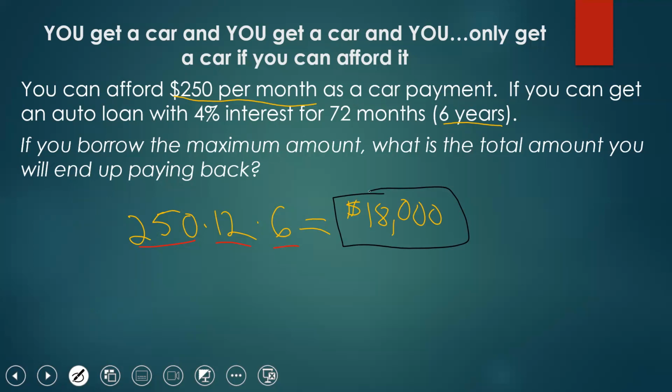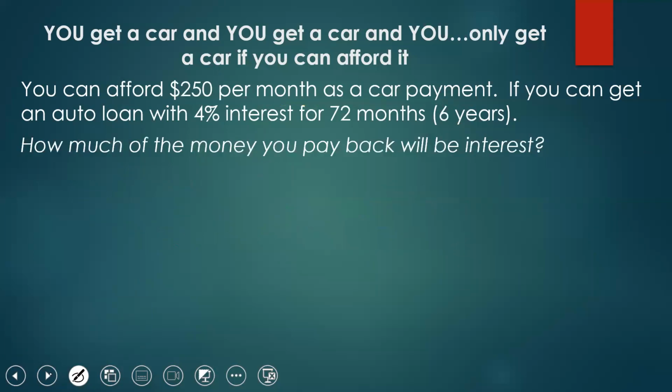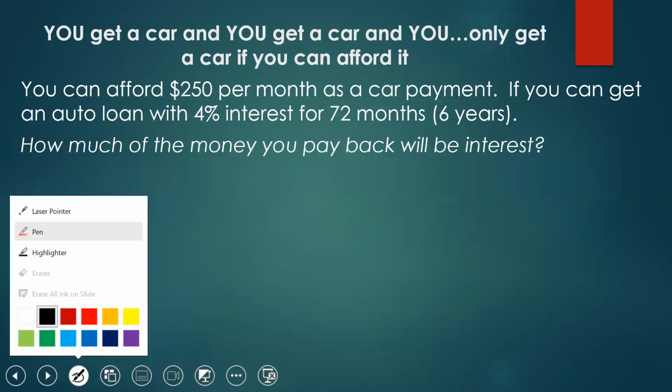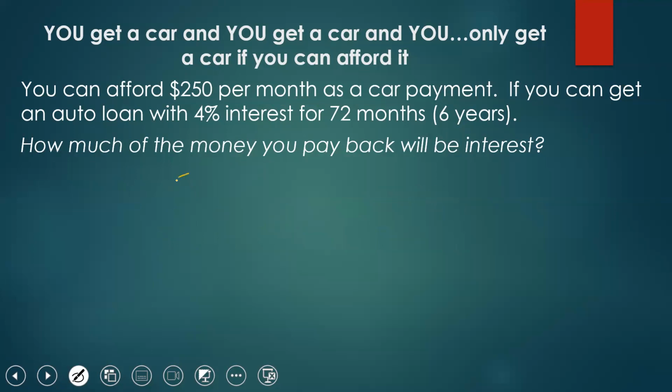Okay, and then the next question you might have from that is, well, how much more did I end up paying? How much in interest did I pay back? And that's our final question. To answer that, we take the amount that we paid, which is $18,000, and the amount we borrowed, which was $15,979.36. And again, there's no formula here.